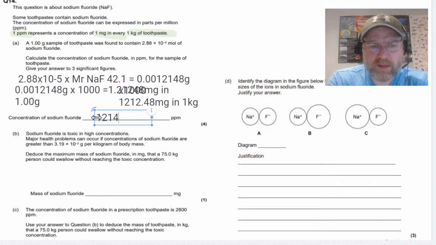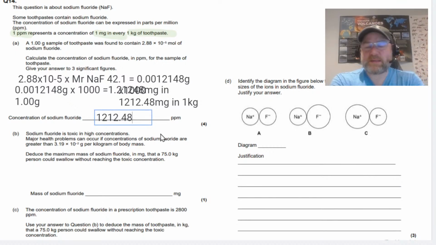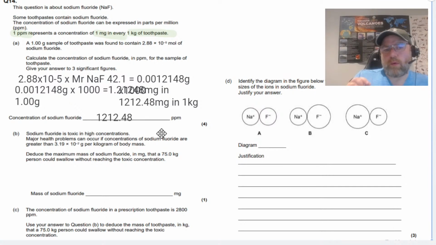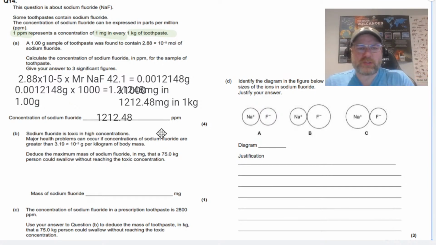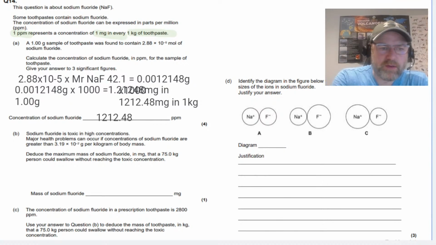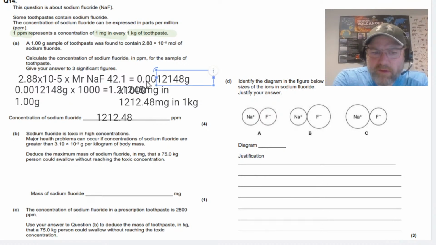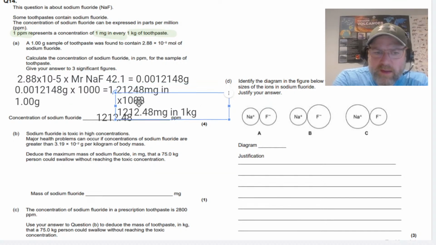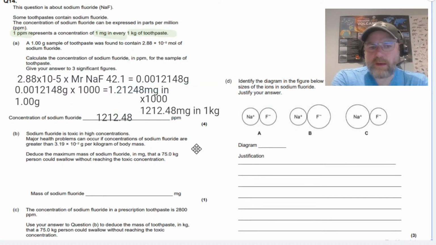That's a disgusting question. Now, the mark scheme for this might actually say something slightly different, like 1,210, because I stupidly used the full units there. What have I done here? Okay. Yeah, I used the full units, which is a bit dumb. Yeah, this question's just horrendous.